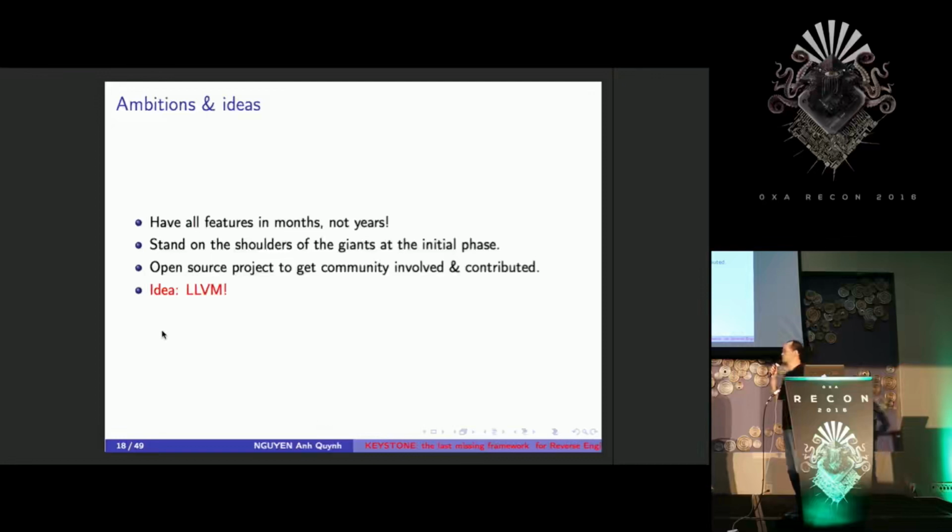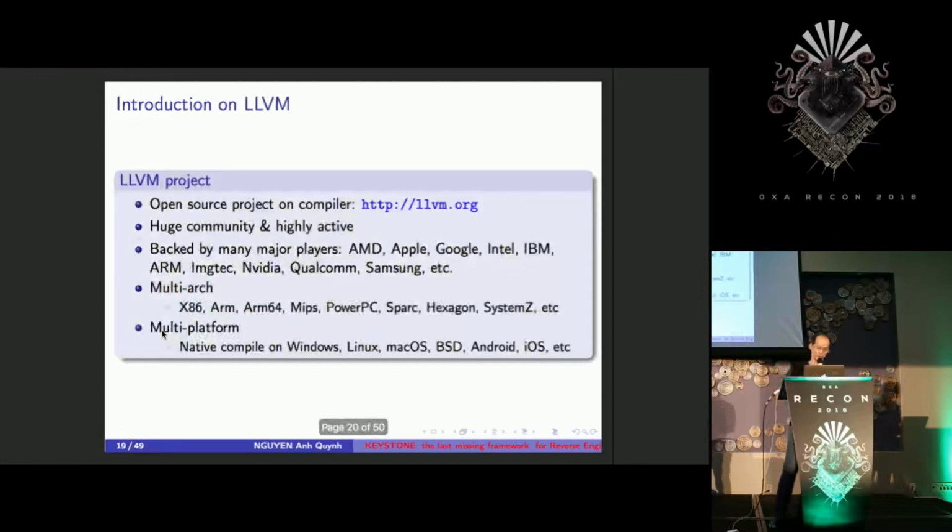So the idea is that I built Keystone on LLVM. LLVM is an open source compiler project. It has a huge community and is very active. And it's backed by many big companies, big CPU vendors like AMD, Apple, Google, Intel, IBM, ARM, Imagination Technologies, NVIDIA, Qualcomm, and so on.